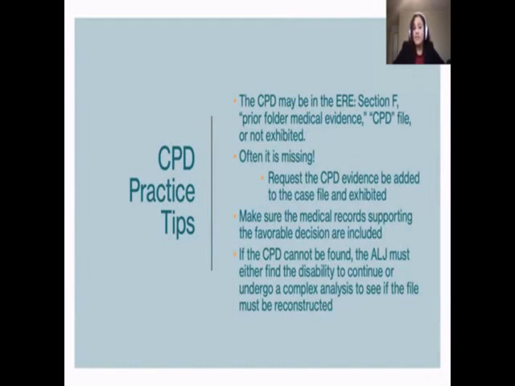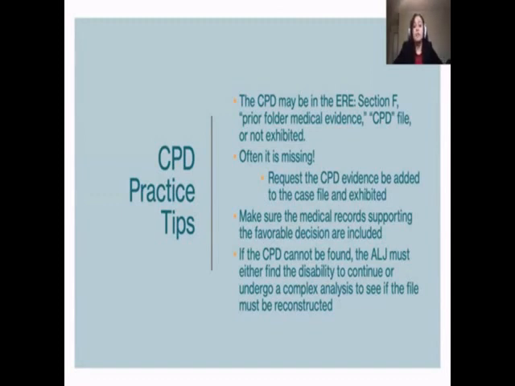It might be labeled something like prior folder medical evidence. It might just say CPD. It's possible that it is in the record, but it doesn't have an exhibit number. So there's another place that you can look that I believe says case documents, but there are several different places you can look in ERE to try and find the information.